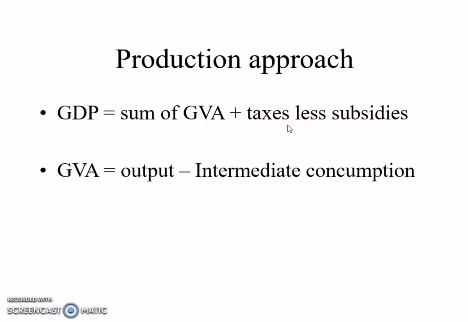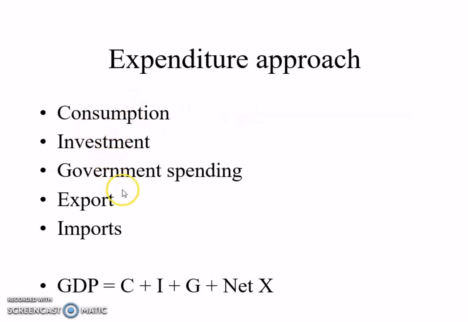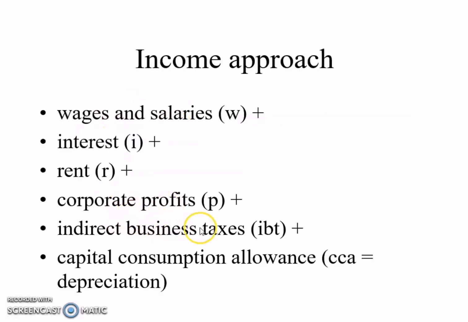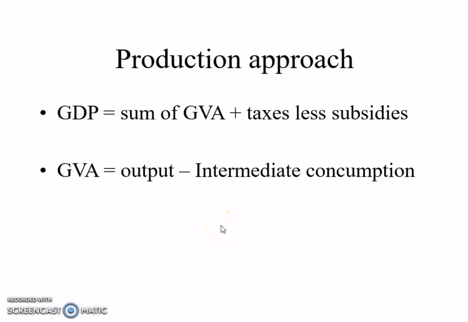We have to be careful, because in the income approach we use taxes on production. Okay, here we use the taxes on products, like the value added tax, less subsidies.